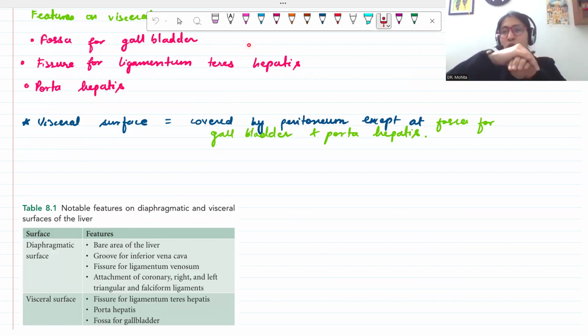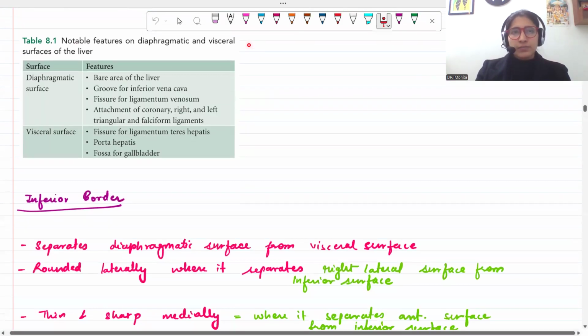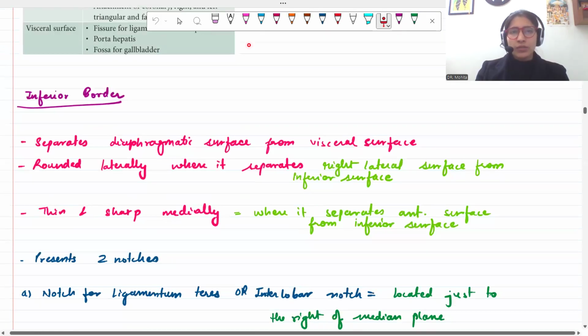But जैसे यहाँ पे गॉल ब्लैडर प्रेजेंट है तो गॉल ब्लैडर के ऊपर पेरिटोनियम कवर करेगा, बट लिवर और गॉल ब्लैडर के बीच में कोई पेरिटोनियम नहीं. Like if this is the gall bladder, this is the gall bladder, तो यहां पे कोई पेरिटोनियम की कवरिंग नहीं होगी. Fine. Is it good? Can we move forward?